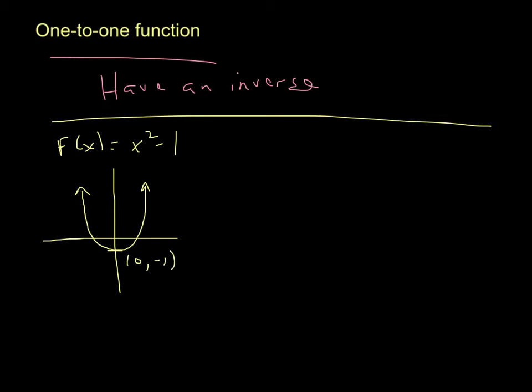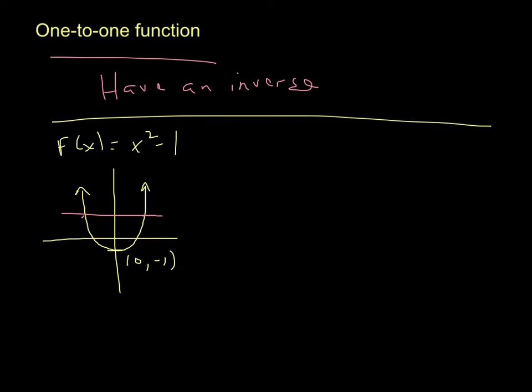So looking at that function, does that function have an inverse? And the answer is no, because if I draw a horizontal line, I hit the graph in two different places. So because this function does not pass the horizontal line test, it doesn't have an inverse.